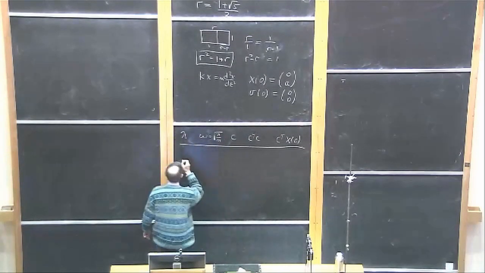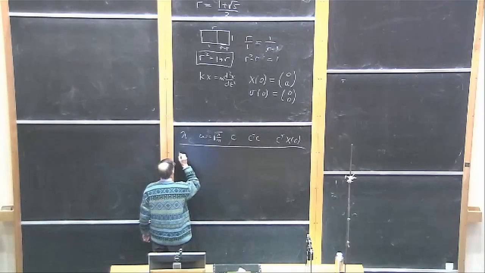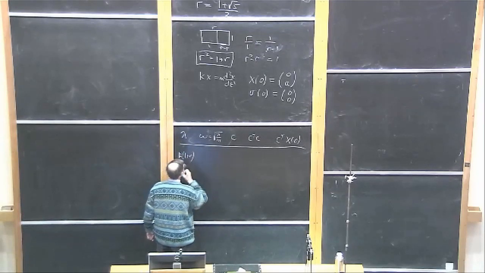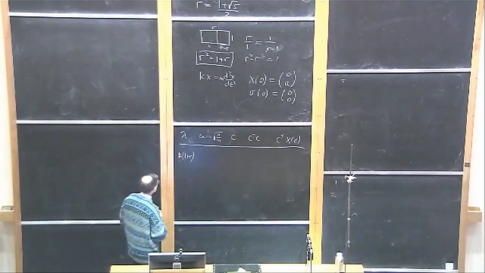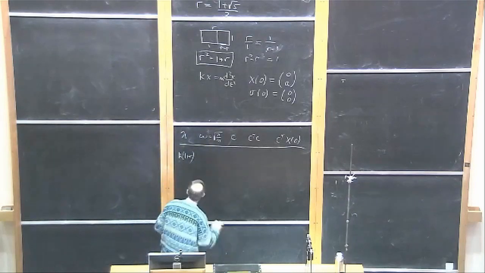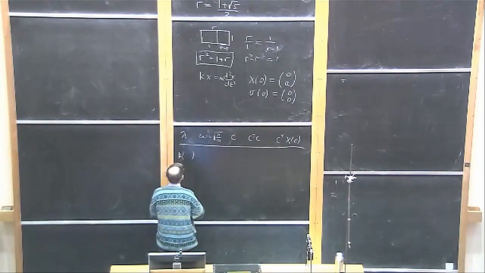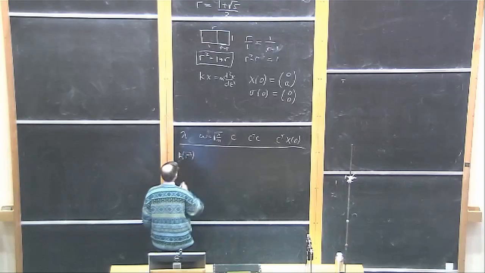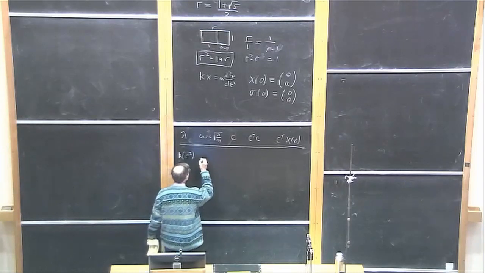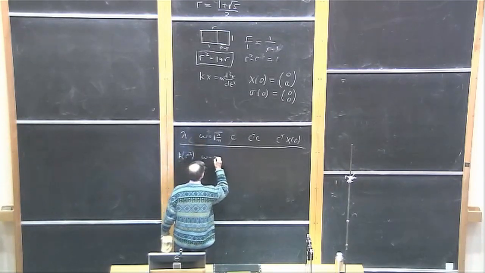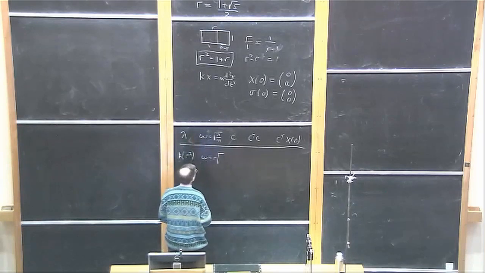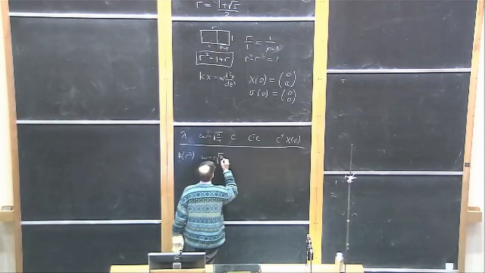So for k times 1 plus r, which of course is r squared, then omega is r root k over m.